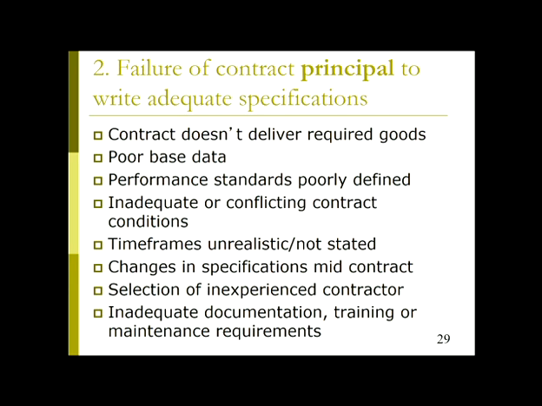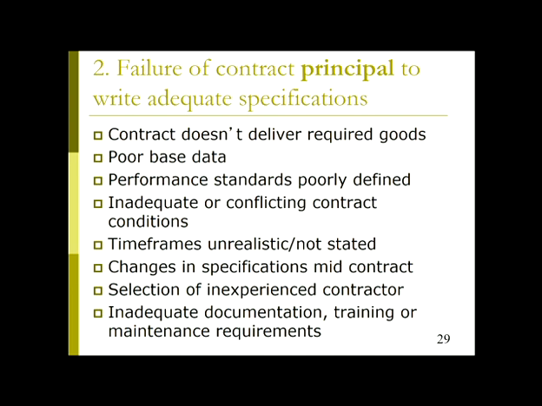Or if there's poor data that it's being built on. Remember our cost management, where we used the example of a chart of accounts where every aspect of a project is assigned to a category and kept track of.